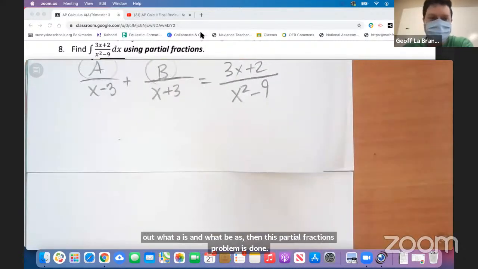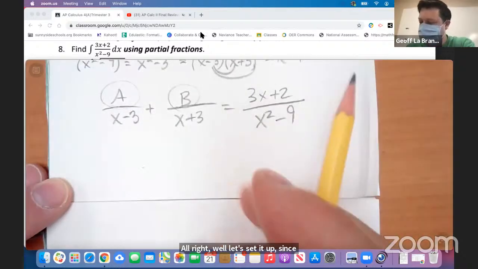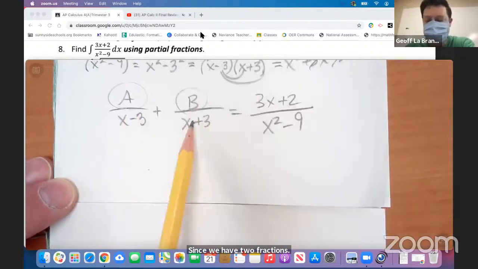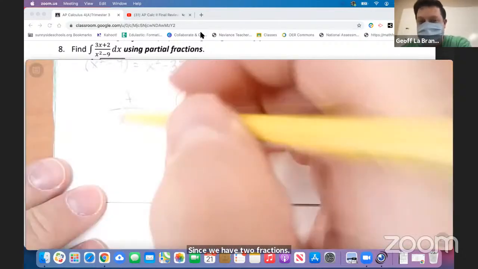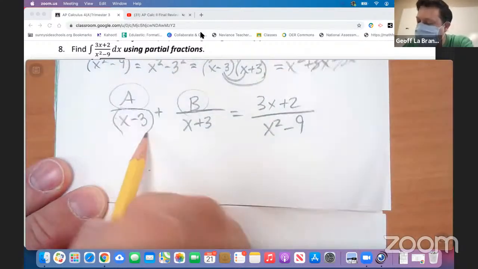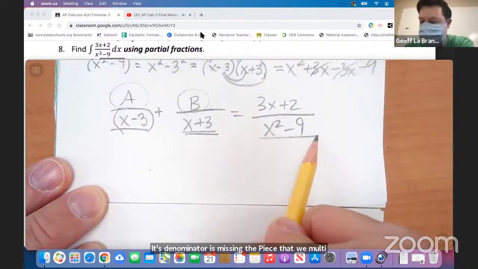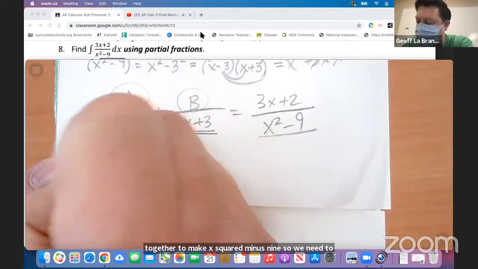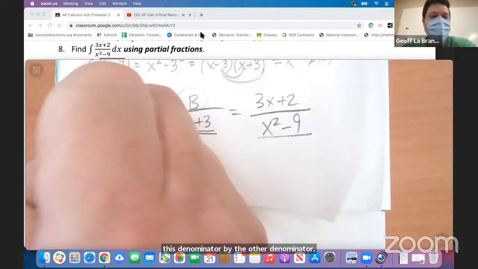All right, well, let's set it up. Since we have two fractions with different denominators, the only way to combine fractions is to have the same denominator. So A as a fraction, its denominator is missing the piece that we multiply together to make x squared minus 9. So we need to multiply this denominator by the other denominator, and of course, in that process, top and bottom, same thing.